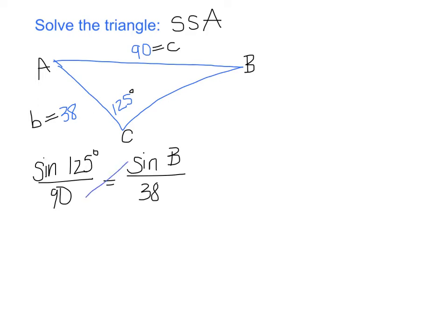Then you would cross multiply, and you're going to get sine 125 times 38 equals sine big B times 90. Then we would divide both sides by 90.